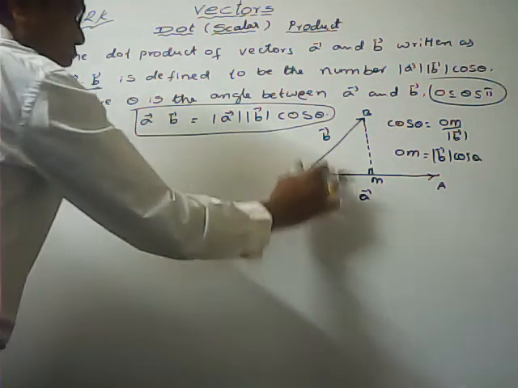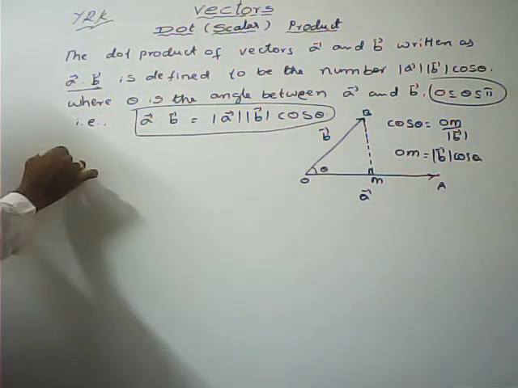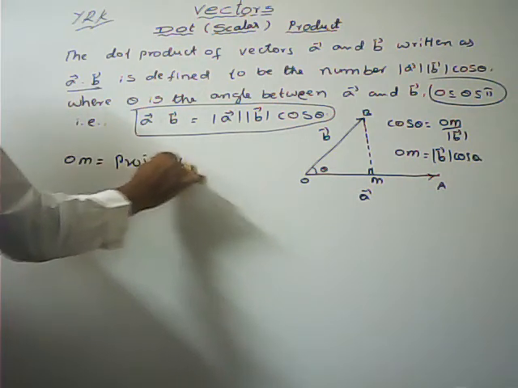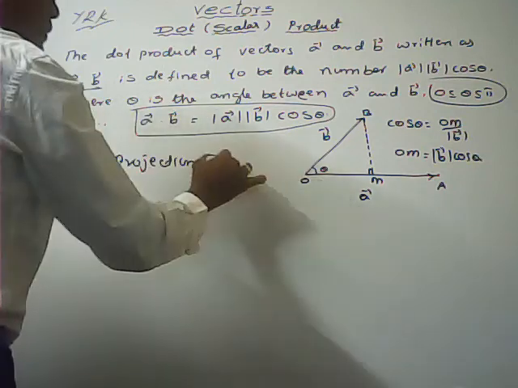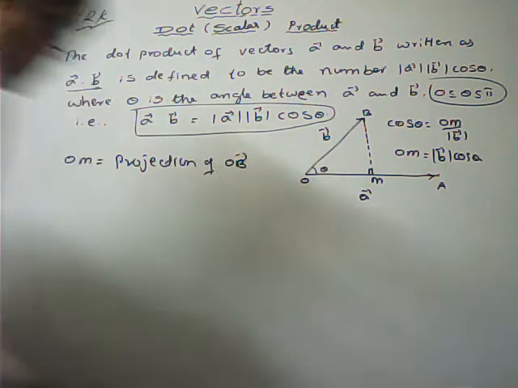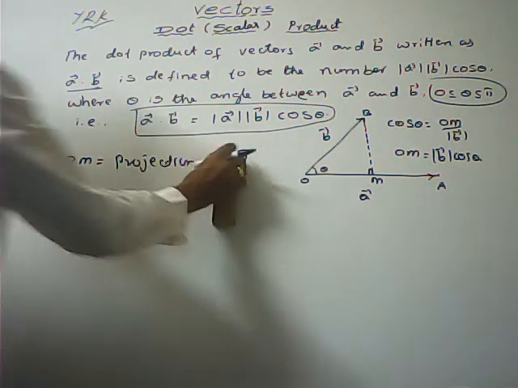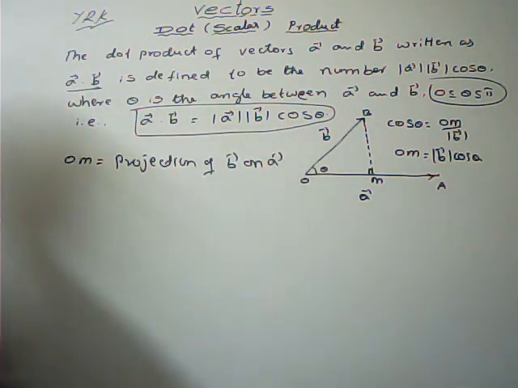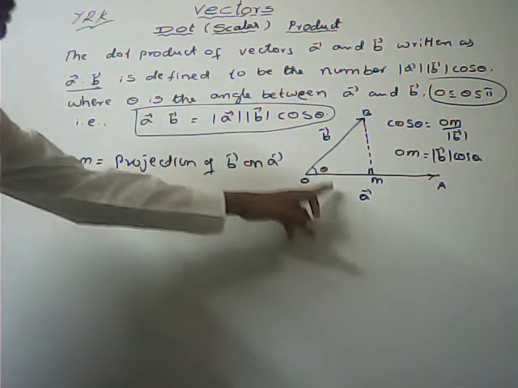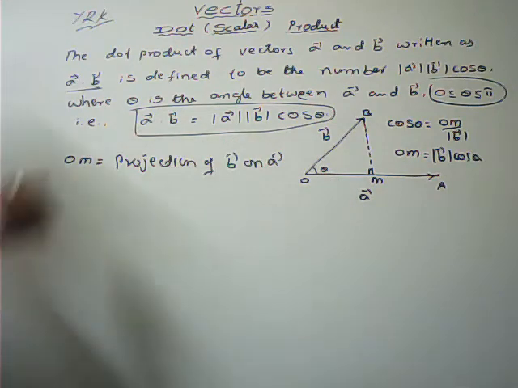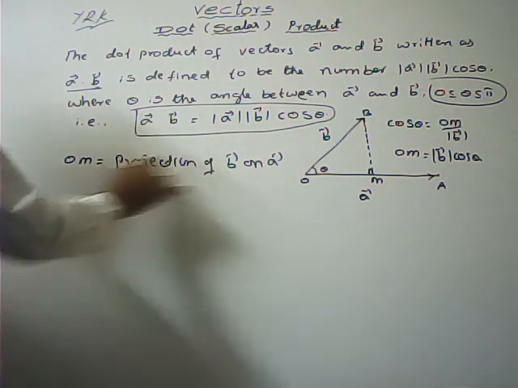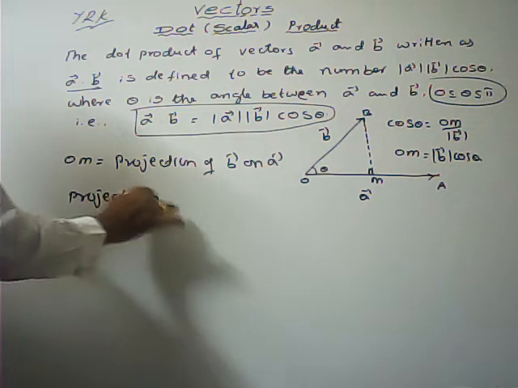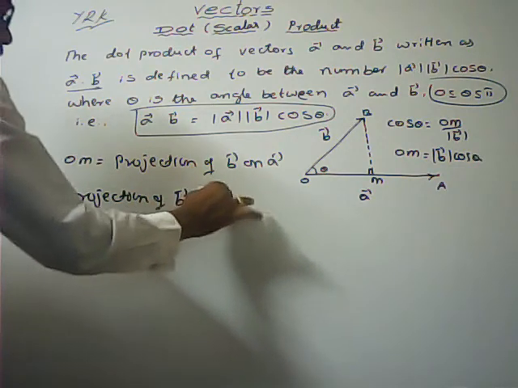OB bar is the vector B bar, so OM is the projection of B bar on A bar.